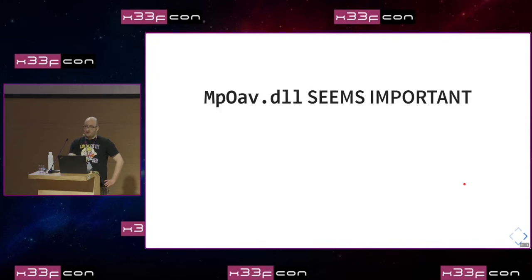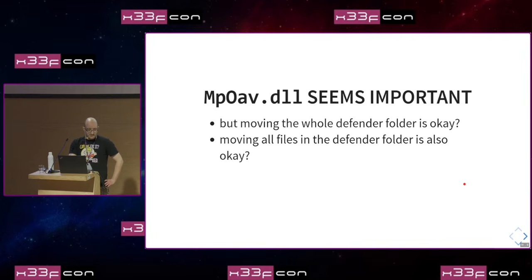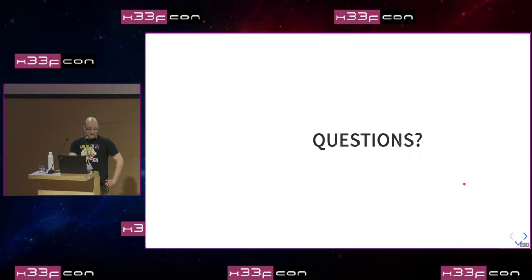So this one seems important, because afterwards you have a boot loop, or a login loop. But what's weird is I can just move the whole Defender folder away, and this is okay, I don't get any issues. I can move all files inside the Defender folder to _back, and it still is fine. So there is something weird in the boot or bootstrap process, and I have no idea what exactly it is.